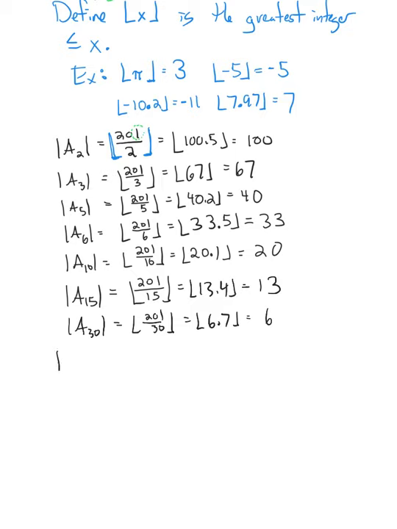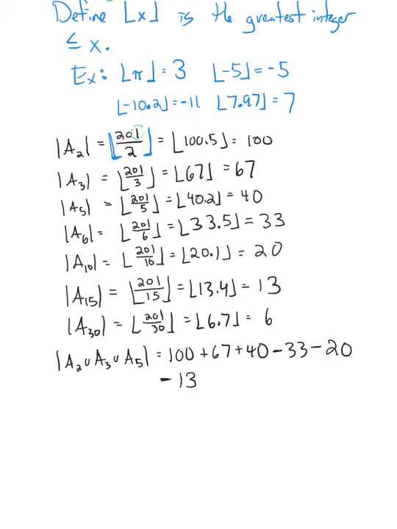Now, the cardinality of what we're looking for, the union of A2, A3, and A5, so numbers that are divisible by 2 or 3 or 5, well, that's going to be A2, which is 100, plus A3, which is 67, plus A5, which is 40, minus the intersection of A2 and A3, which is A6, so that's 33, minus the intersection of A2 and A5, which is A10, which is 20, minus the intersection of A3 and A5, which is A15, which is 13.